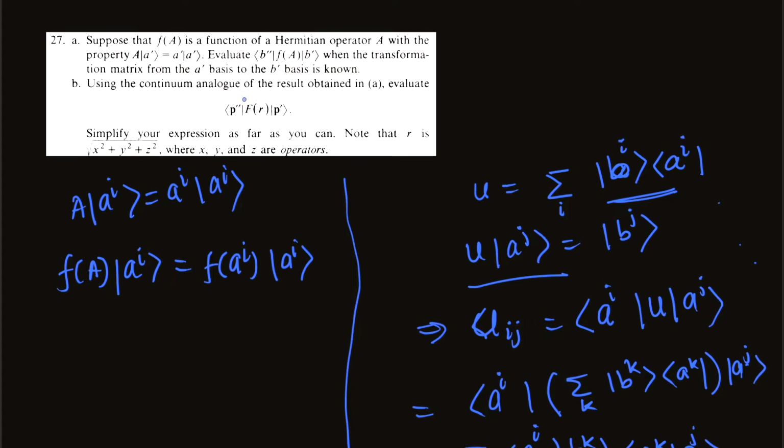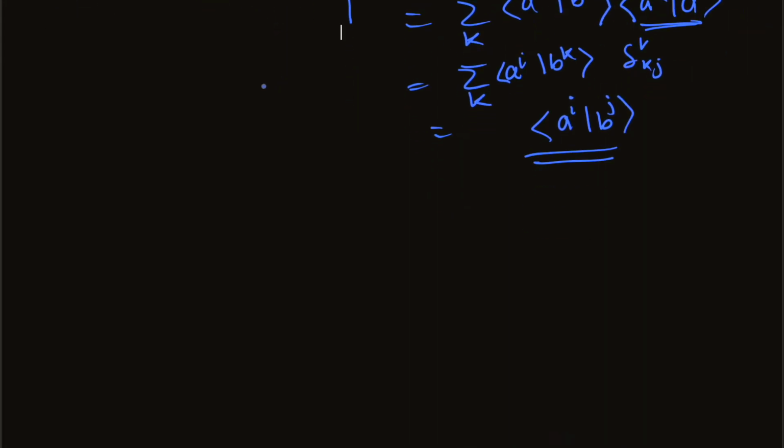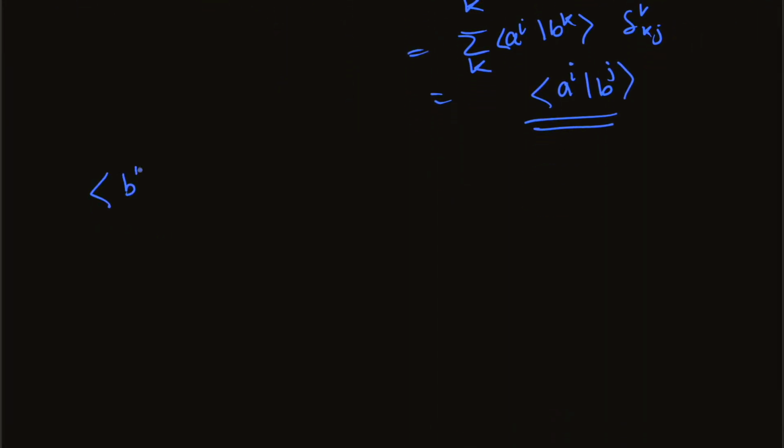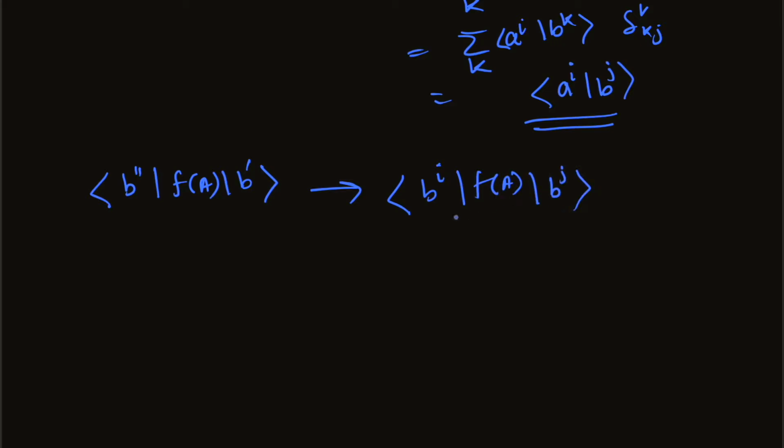So now let us express these, that means let us express ⟨p''|f(A)|p'⟩. Now I personally don't like this prime symbol, so let us represent it like that, ⟨p_i|f(A)|p_j⟩. So we will calculate this term, and here we will use the completeness relation of these a_i.